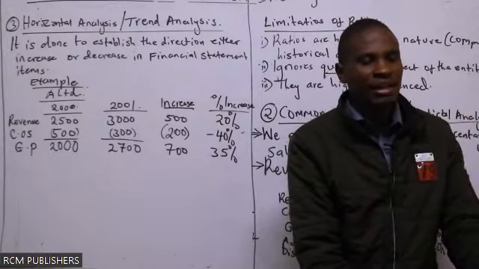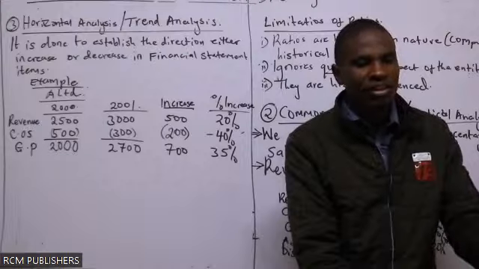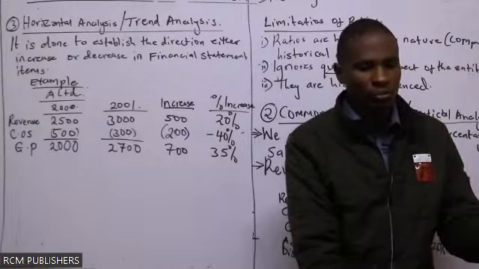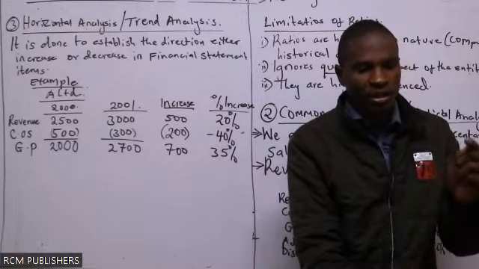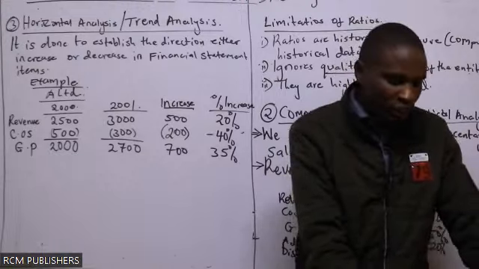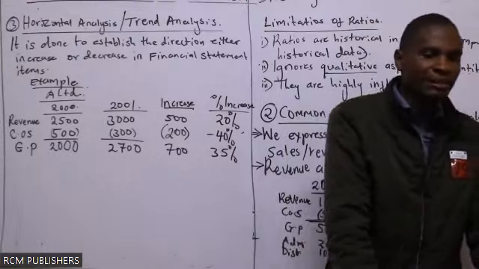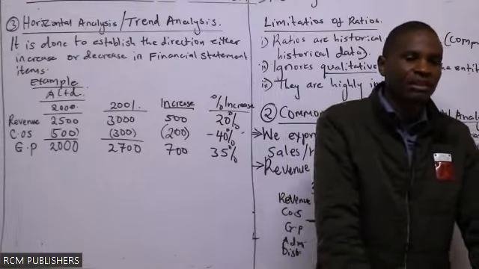Other items like inventory, receivables, and PPE, you'll be dividing by the total and multiplying by 100 to get the percentage.